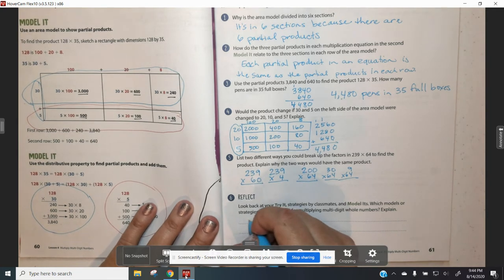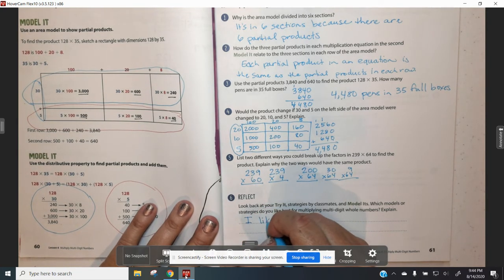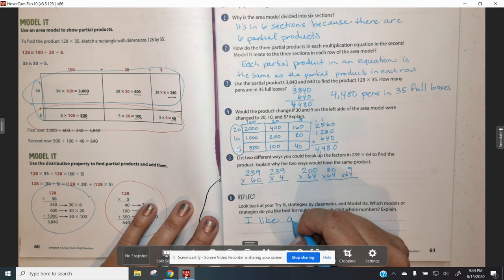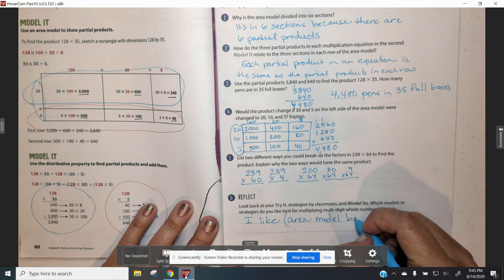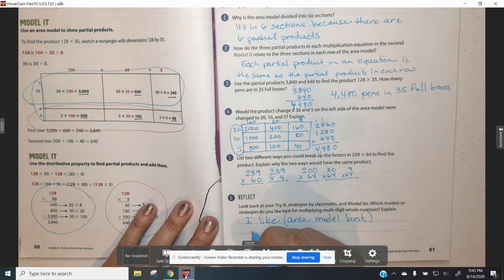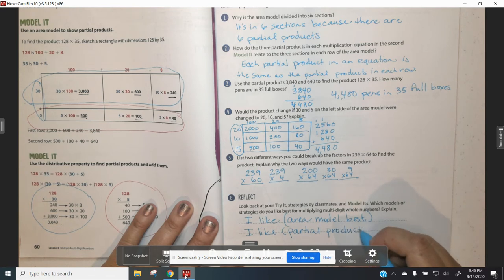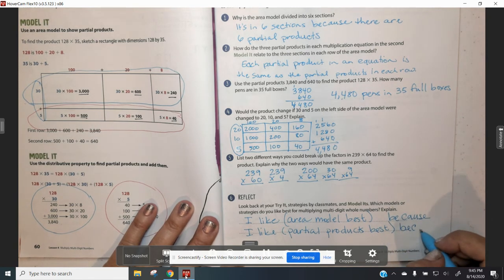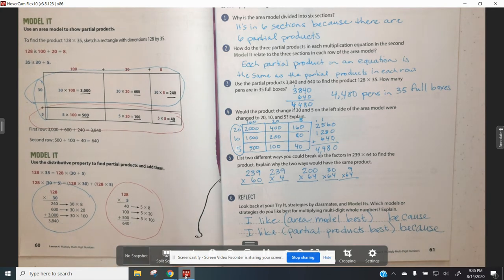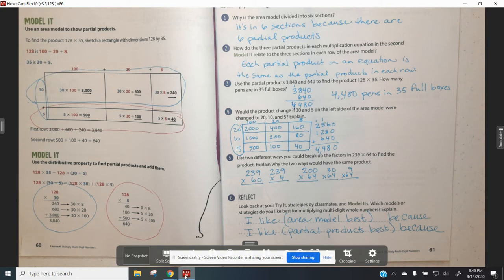So you're either going to say, I like area model best, or you're going to choose, I like partial products best. And then you're going to say because. Whichever one you like best, you're going to choose that, and then tell me why. So go ahead and pause the video and finish that answer right now.